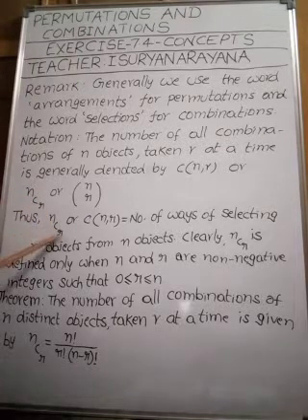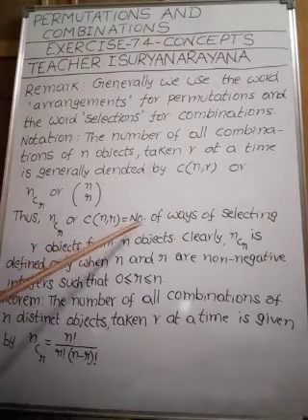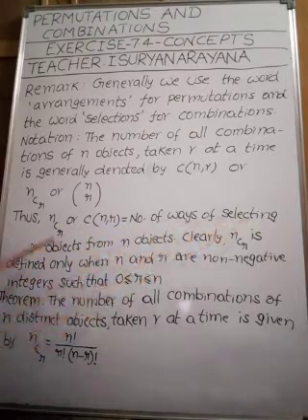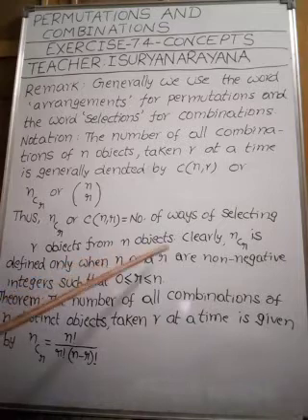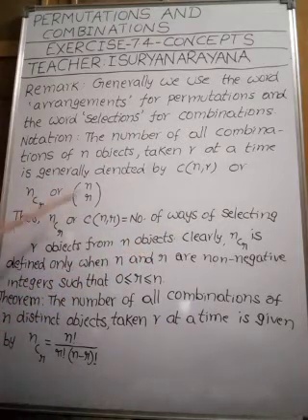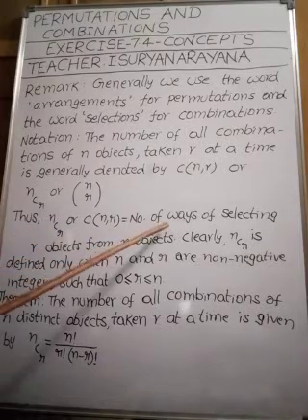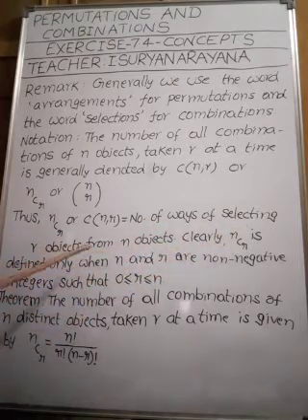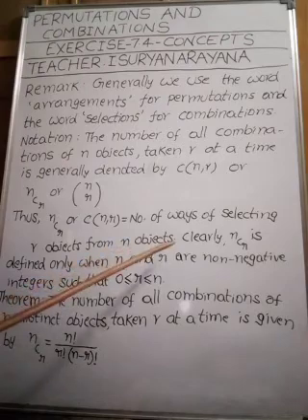Thus, nCr is equal to the number of ways of selecting r objects from n objects. So this is the meaning of nCr. Understood this point.